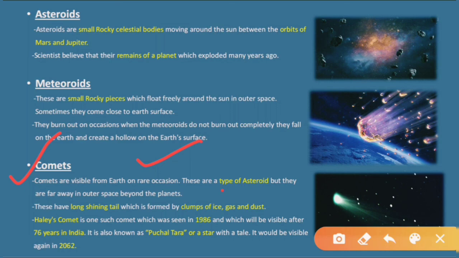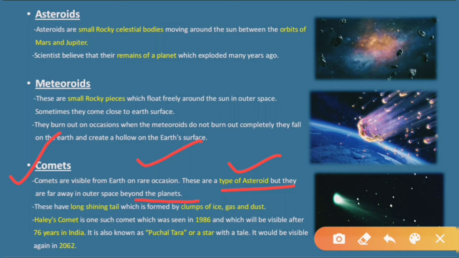These are a type of asteroids, but they are far away in outer space beyond the planet. Comets are also a type of asteroid, but they are very far away from us, in the outer space beyond the planets.